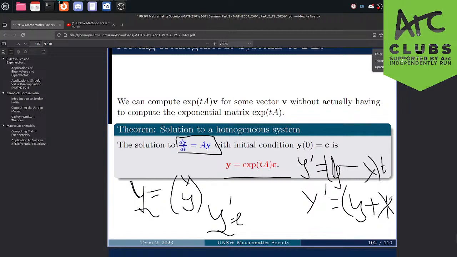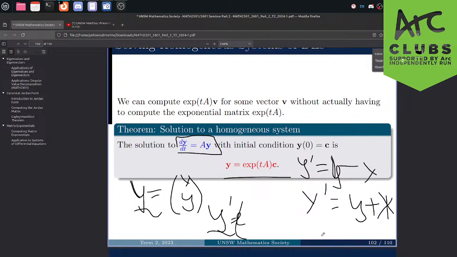How does this work? Oh wait, yeah, this works. So you get y prime equals the matrix with rows (-1, 1) and (1, 1) times the vector y.